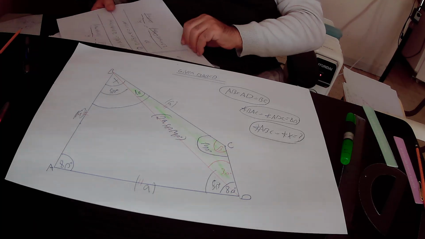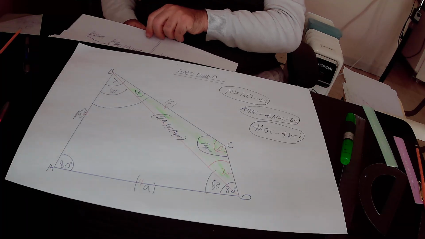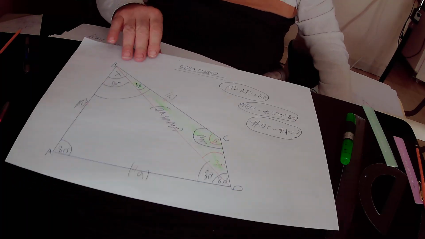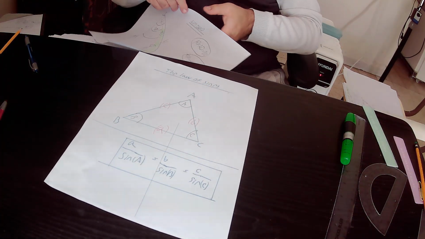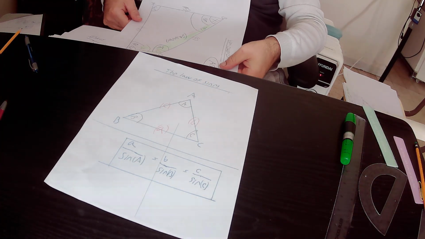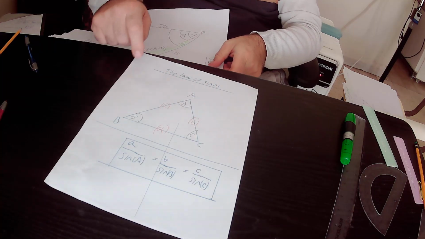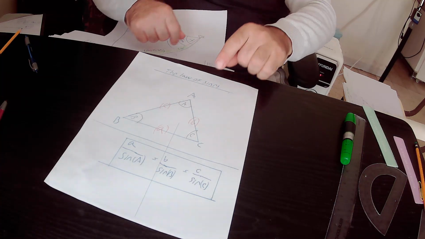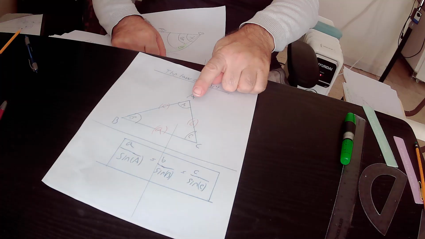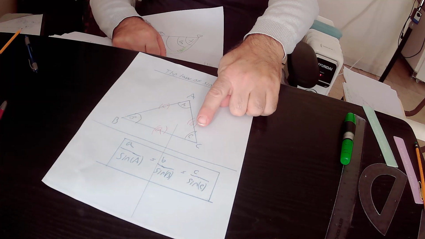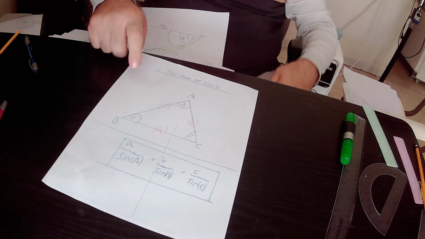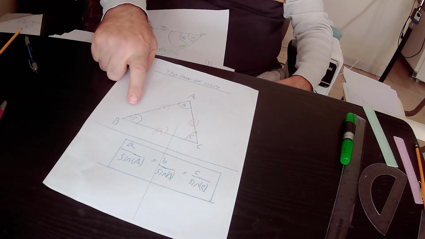Let me quickly review the law of sines. First of all, the law of sines is true in any triangle. This is triangle ABC, which could be any triangle. The size of angle BAC is capital A degrees, the size of angle ACB is capital C degrees, and the size of angle ABC is capital B degrees.